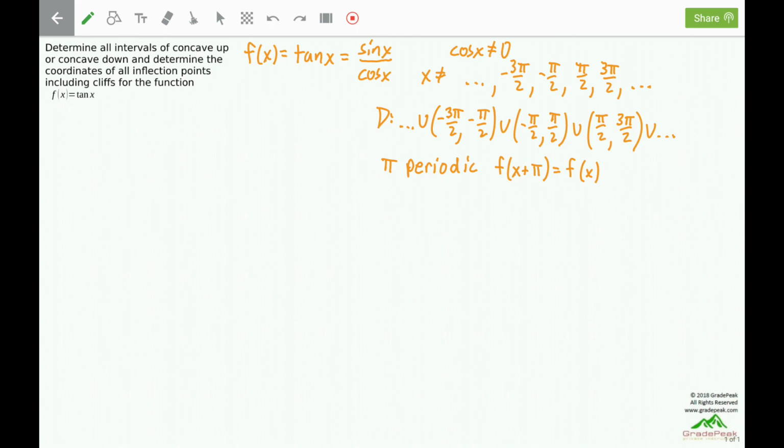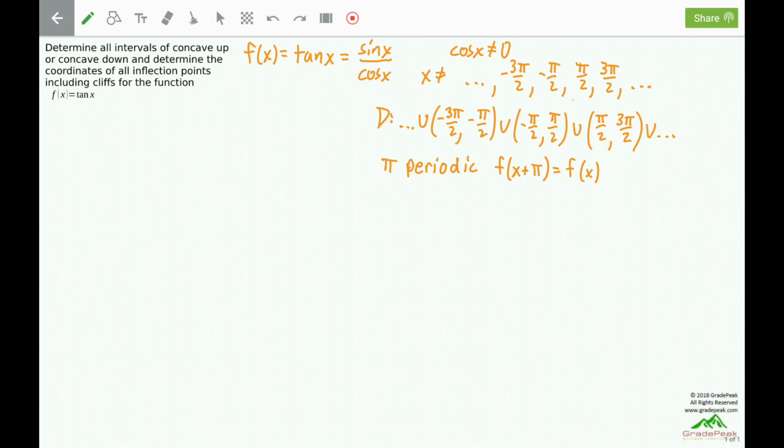But what this means is instead of working on the entire domain, which is an infinite number of intervals and may have an infinite number of inflection points, we can instead pick one of the intervals because each of these intervals are pi radians in width because the vertical asymptotes are themselves repeating every pi radians. They are also part of the periodic nature.